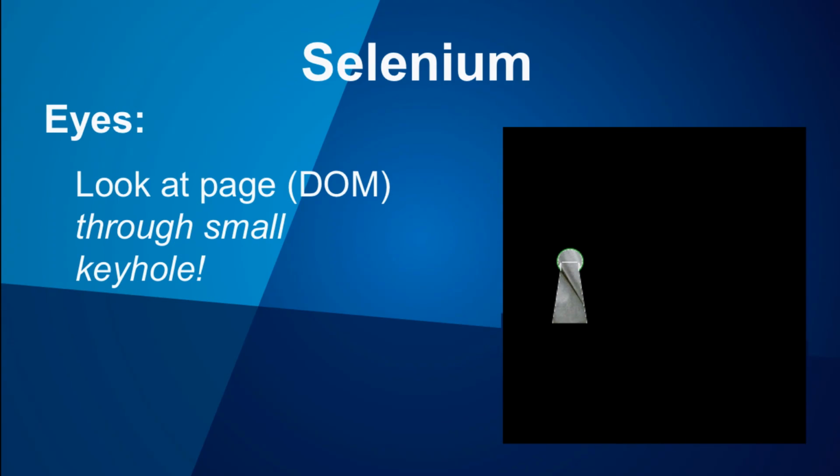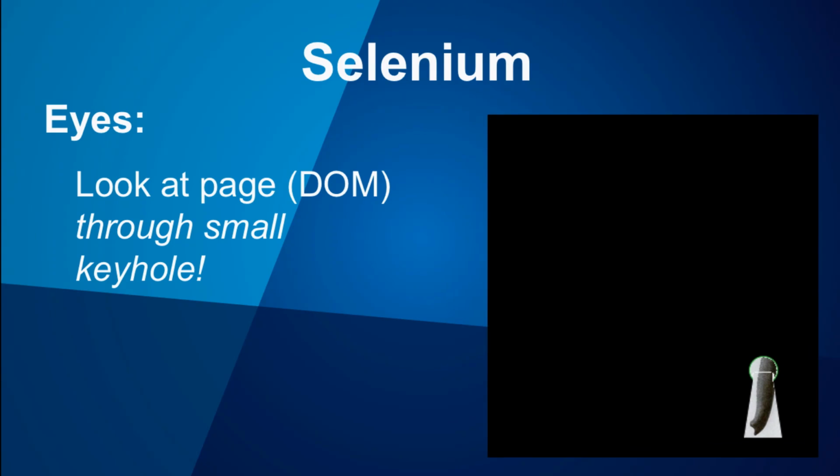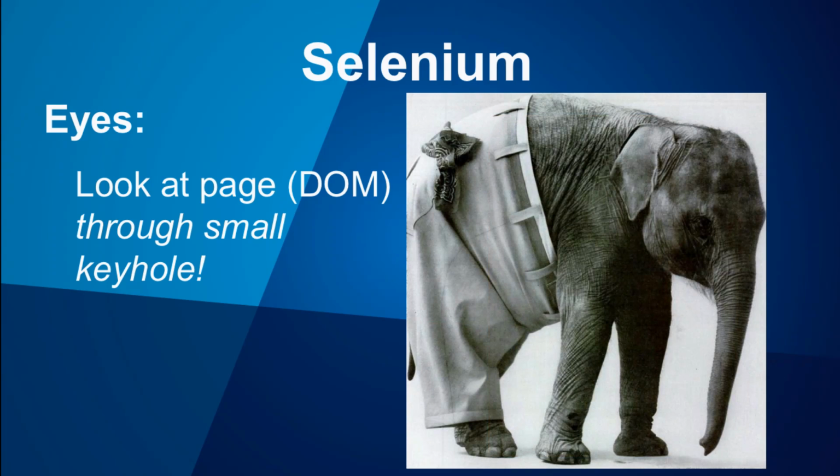The eyes, it's looking at the page, making sure it has the right stuff. So we see something that's cloth-like. All right, I bet you can guess what this is now, right? So in my test, it says, if it doesn't have pants and it doesn't have a trunk, then it fails. All I care about is failures, because I'm a negative tester.